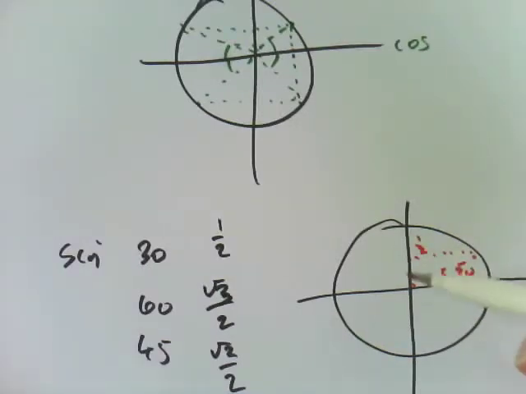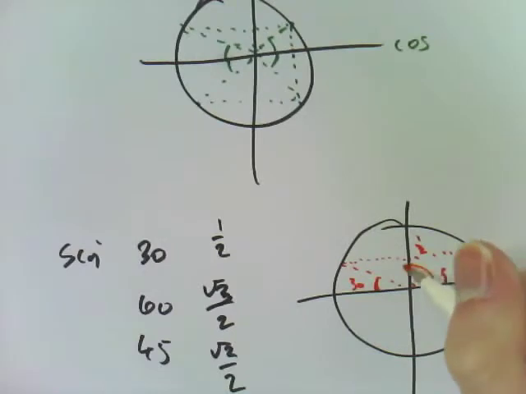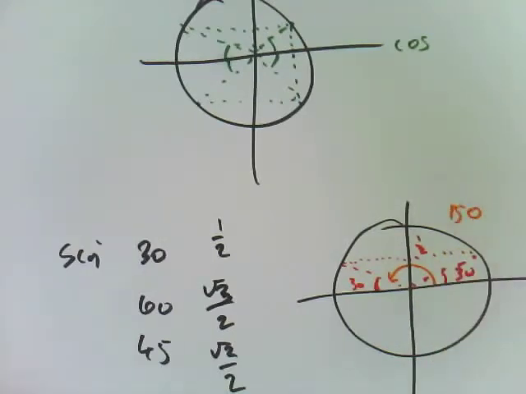If I track back over here and back down, this angle here I know is 30, and it's still 1/2. So if I actually measure, I'll use a different colour to go all the way around. If I actually measure from there to there, that's 150. So the orange line is 150.